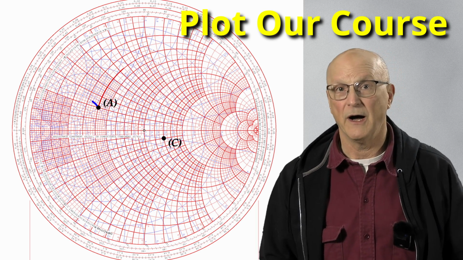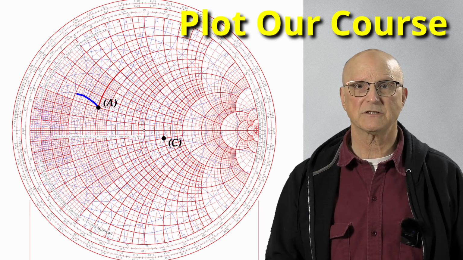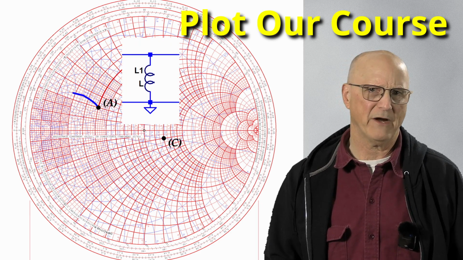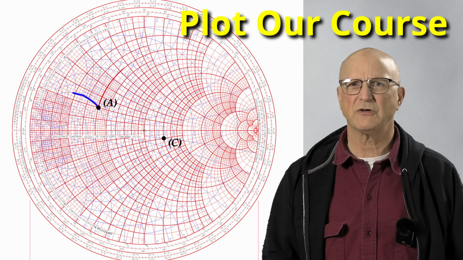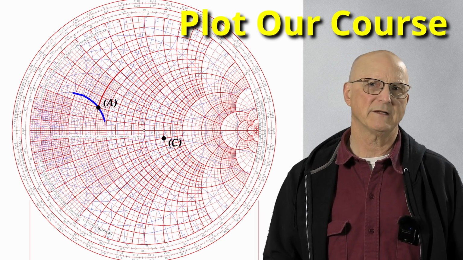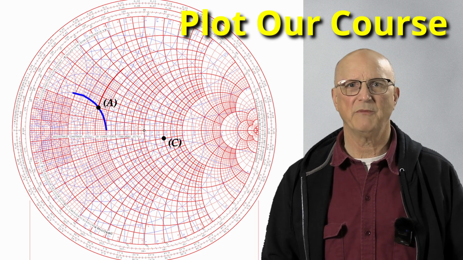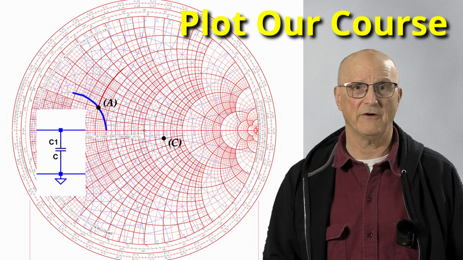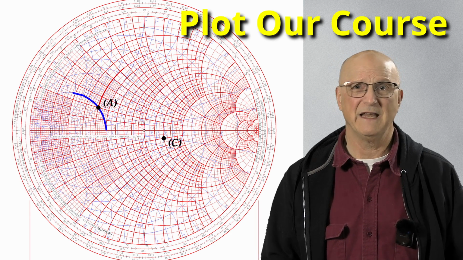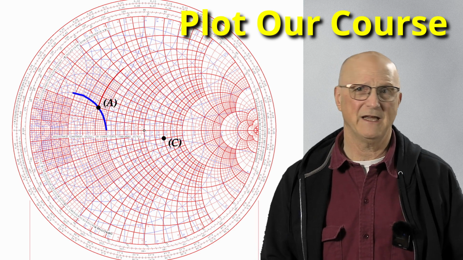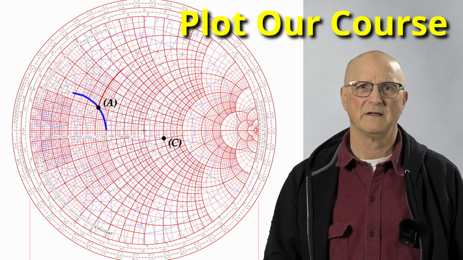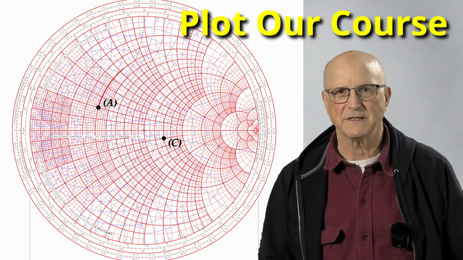We could travel up the blue constant conductance circle, which would be adding a parallel inductor. We could travel down the same blue constant conductance circle, which would be adding a parallel capacitor. The problem is that neither of these directions get us any closer to our goal. So what are our other options?